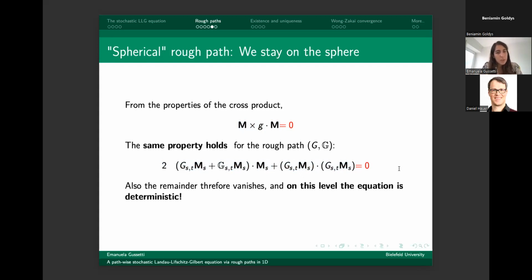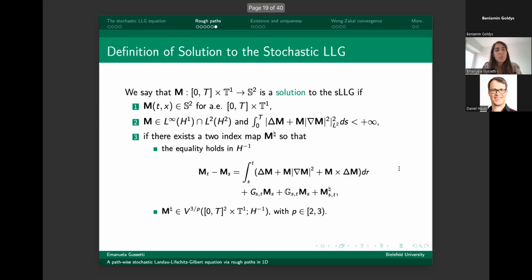I would like to give a small, okay, first we look at the definition of solution. What do I mean by solution to the stochastic Landau-Lifschitz equation? We have defined the noise, so now we know everything. So it's an evolution equation defined on the torus with values in S2, such that when it evolves, it still stays on the sphere, so it shouldn't escape.